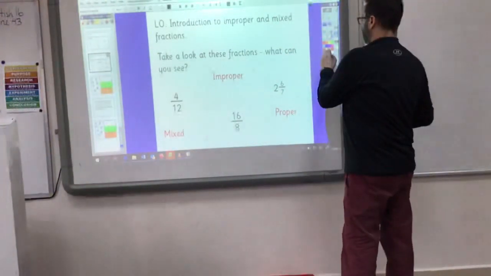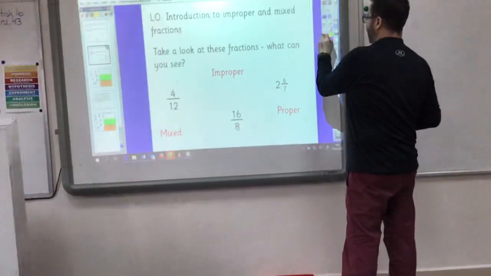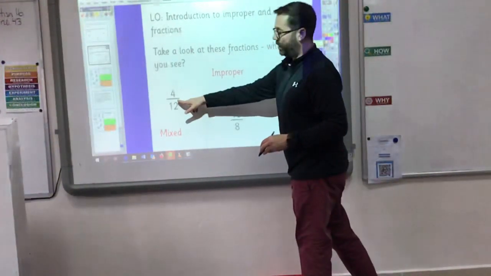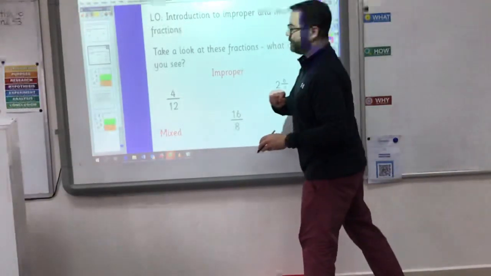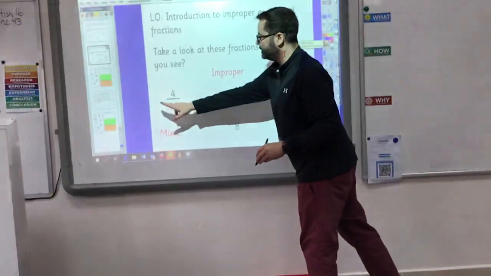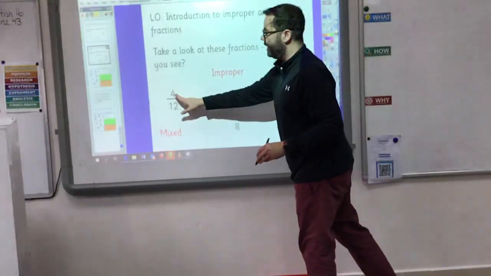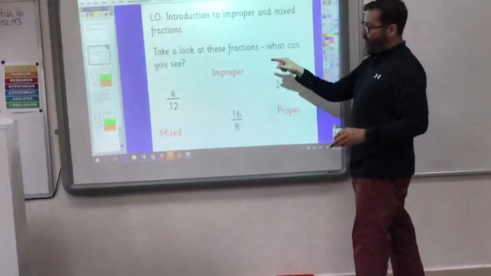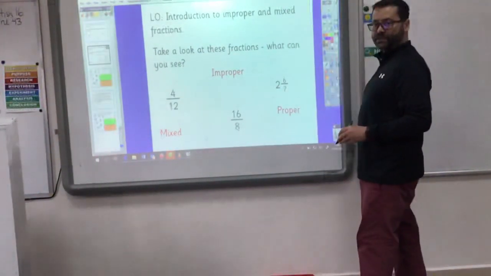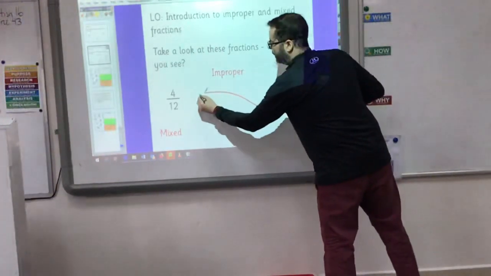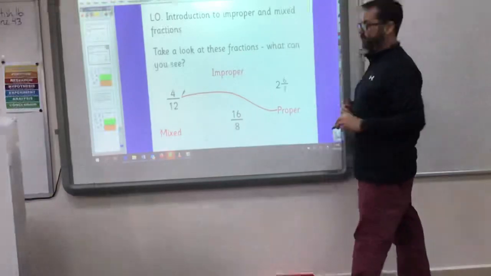So I can see that this fraction, 4/12, that's a pretty common fraction. It's just a fraction, it doesn't have a whole number, and the numerator is smaller than the denominator. So, based upon these 3 choices, it makes most sense to me that that is a proper fraction.